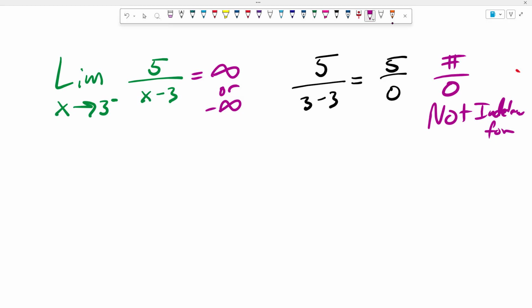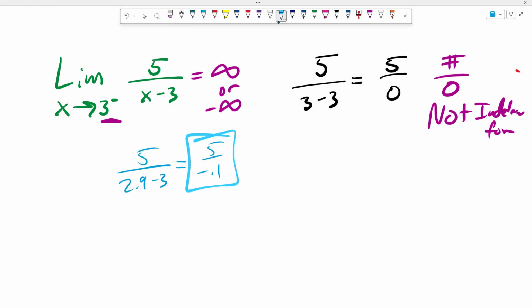How do we know if it's going up or down? Just plug in a number very close to 3, but from the left, which would be 2.9. 5 divided by 2.9 minus 3. And all we care about is the sign. Is it positive or negative? 5 divided by negative 0.1. Is this positive or negative?